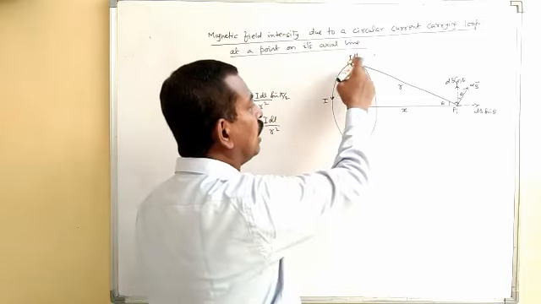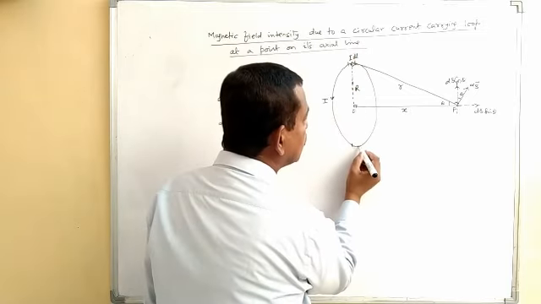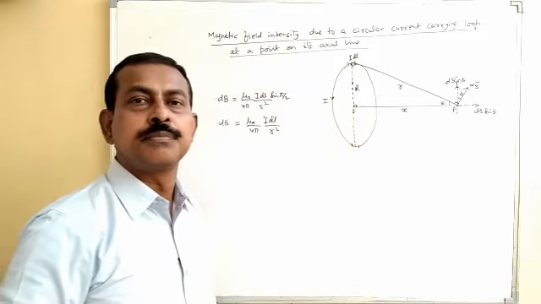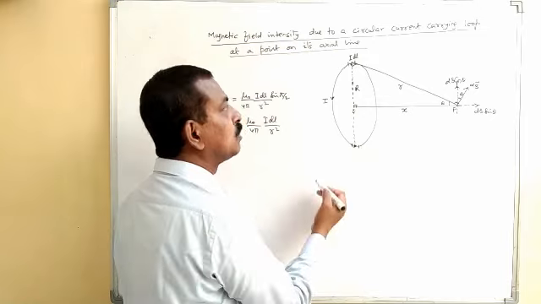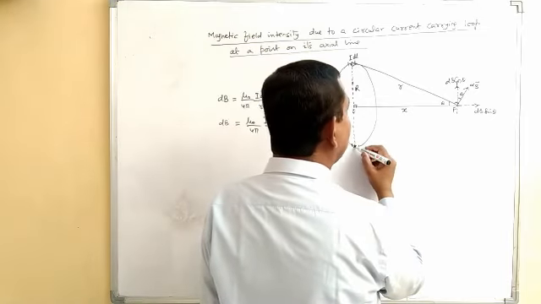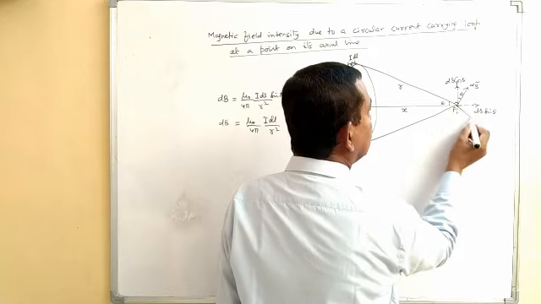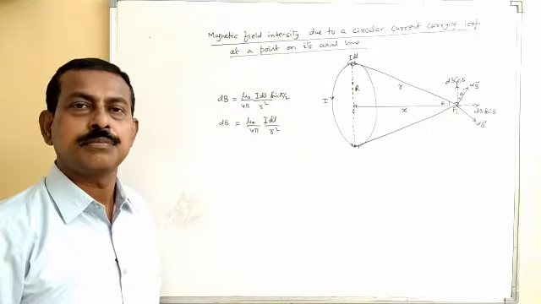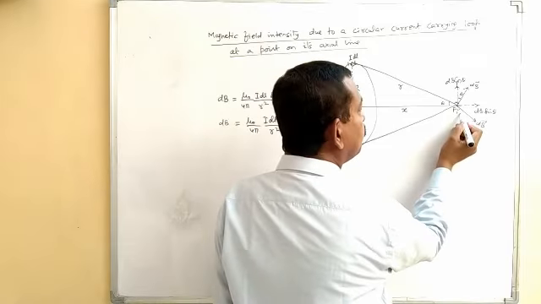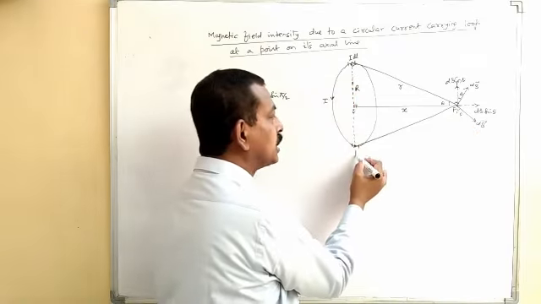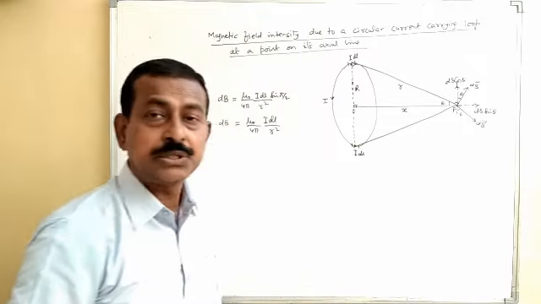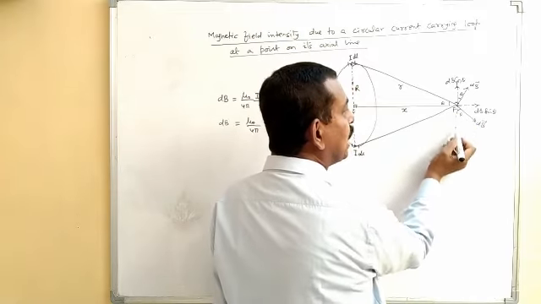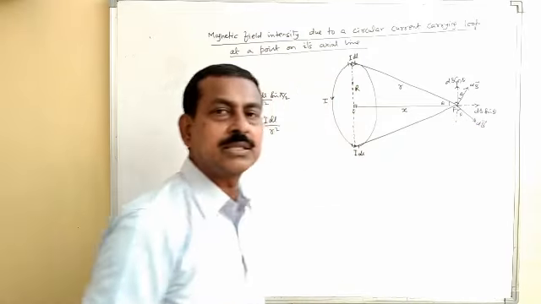Now consider the current element which is diametrically opposite to this current element IDL. So here this will be the direction of the current element. The magnetic field due to this will be somewhere in this direction, dB. As we have taken just the diametrically opposite current element, this one will also make the same angle theta with the perpendicular direction to the axial line.